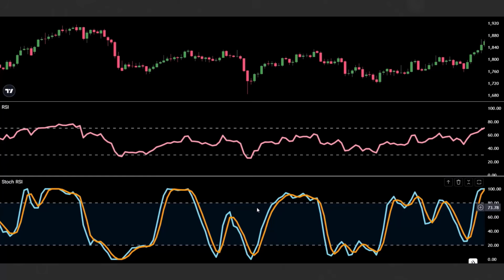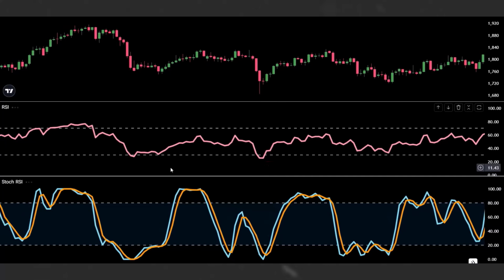Most beginners lose money exactly because of this mistake. So, we need a structure. We need clear rules to separate useful signals from noise. And that's what we are going to learn in the next part. How the two lines in a stochastic RSI work and how to use them together the right way.